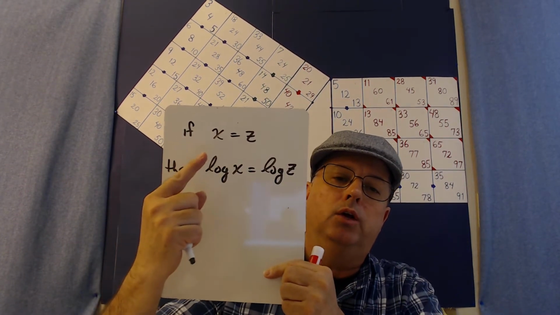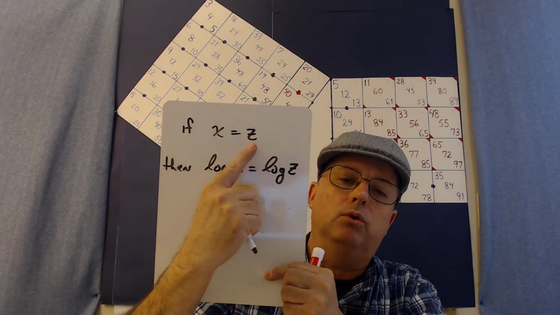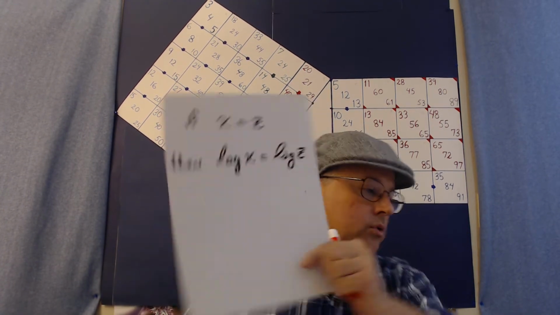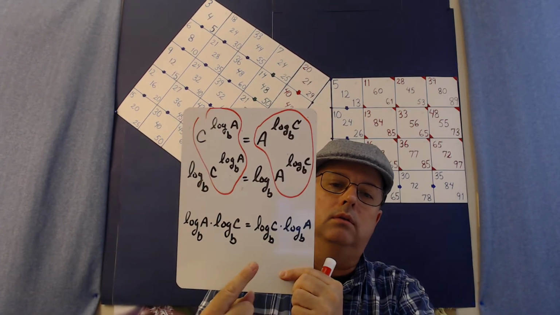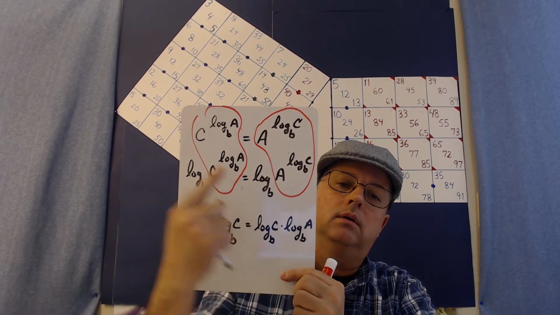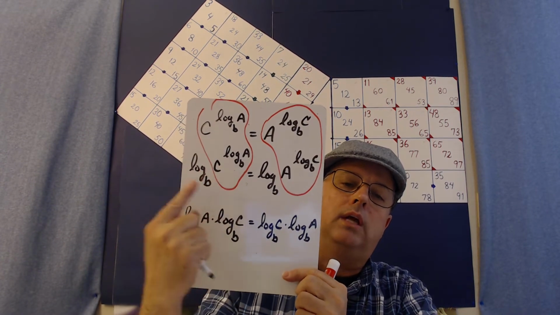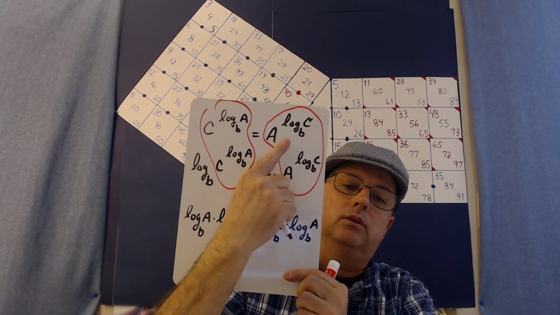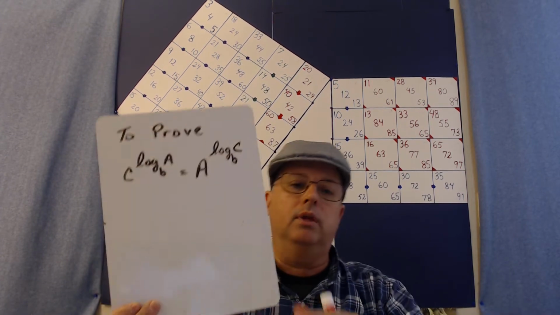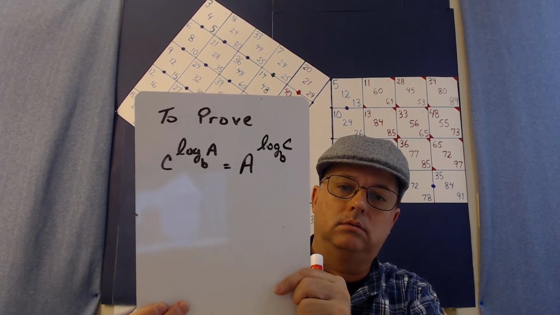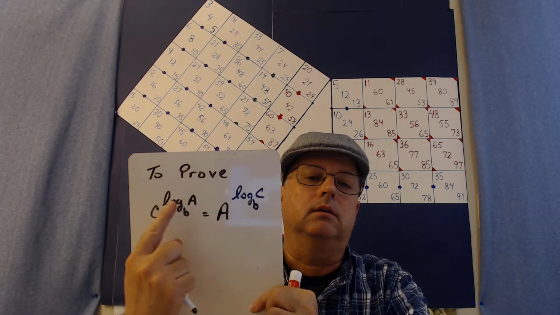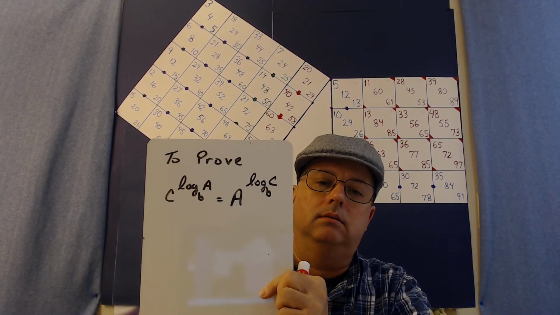And then we go off and we use the property that if something is already equal to begin with, then we can take the log of both sides. That's what we did here. Well, you can't take the log of both sides. You can only take the log of both sides if something is equal to begin with. And so I'm trying to prove that these are equal, so I can't assume that they are equal and then take the log of both sides. I have to take this and make it become that. That's a proof. Okay, so that's what we're going to do.